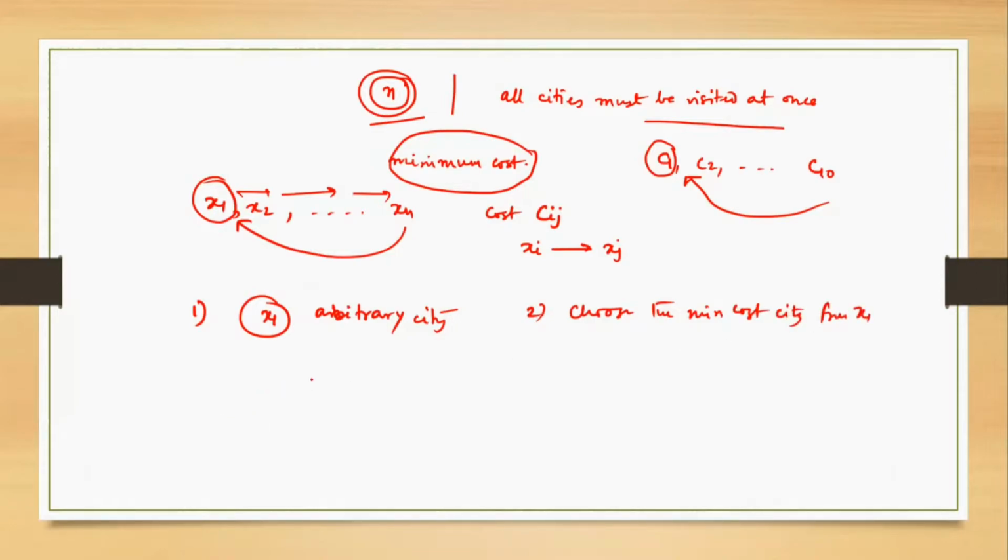The greedy strategy also suggests that at any step i, we will be left with n minus i cities.